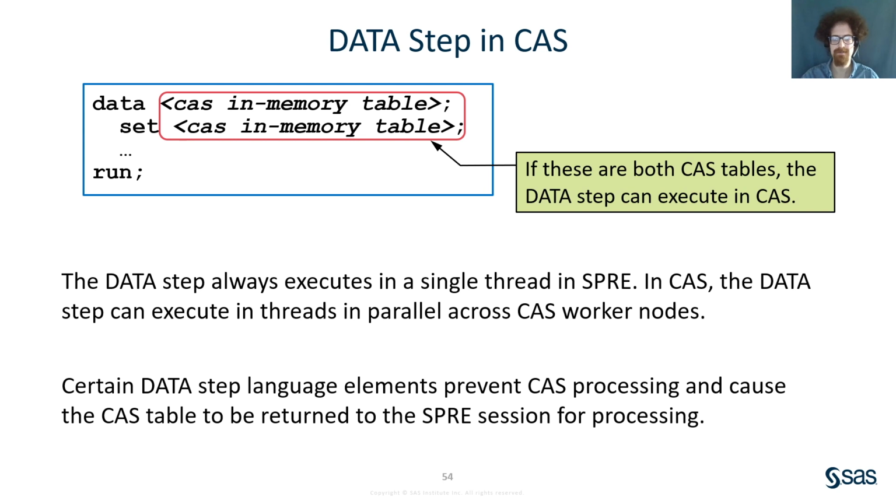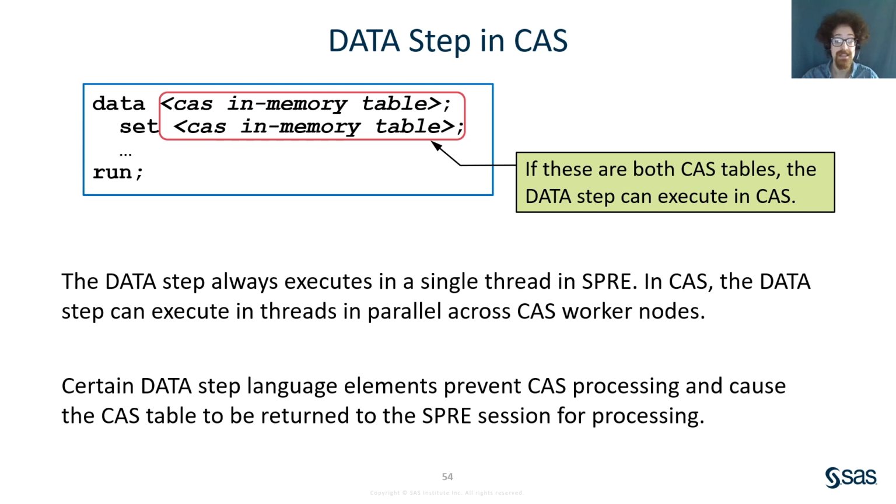We'll start with the DATA step. One requirement for DATA step execution in CAS is that both the input data set and the output data set must be CAS in-memory tables. But certain DATA step language elements, if present in your code, will prevent the DATA step from executing in CAS. For example, that LAG function I mentioned. The DATA step always executes in a single thread in SPRE.